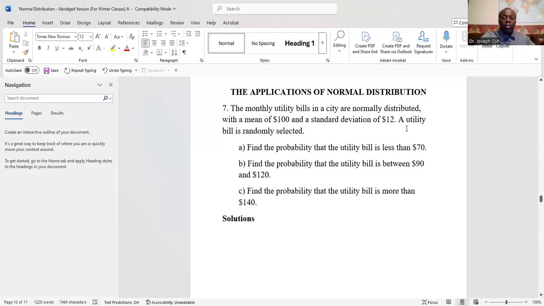A utility bill is randomly selected. A, find the probability that the bill is less than $70. B, find the probability that the bill is between $90 and $120. Then C, find the probability that the bill is more than $140.